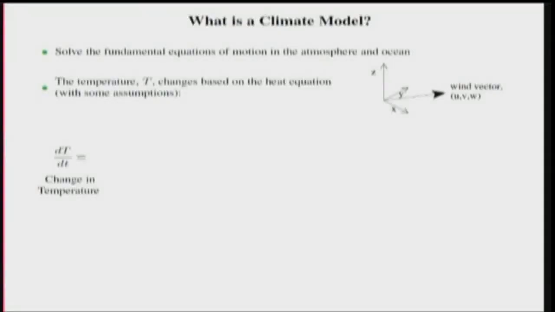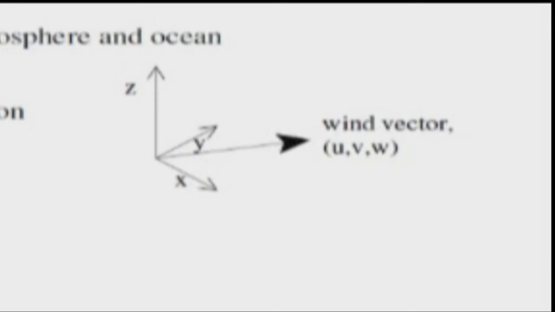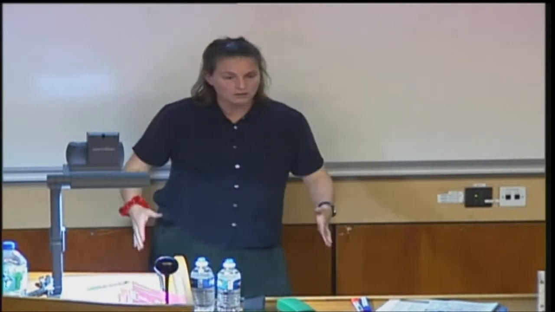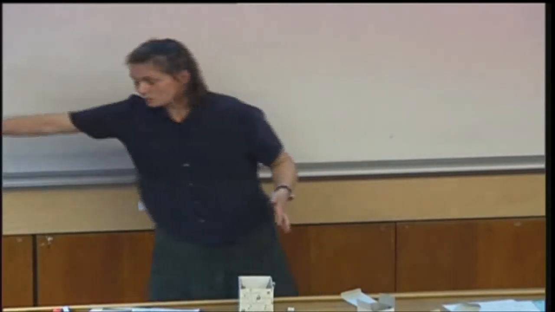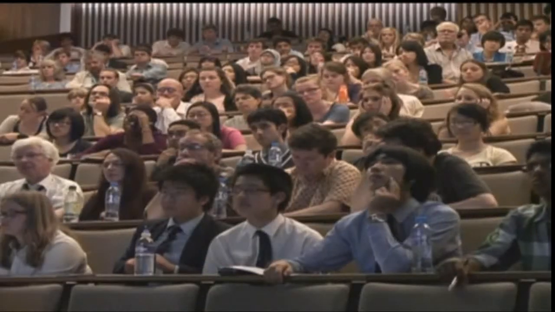The changes in the temperature are going to be governed by the winds. I've got my three directions, x, y, and z, and in those three directions, the wind is called u, v, and w. For example, if it's cold over here and warm over here, and the wind is blowing this way, and I'm here, it's going to get colder because the wind is blowing the cold air towards me. That is described in the heat equation.